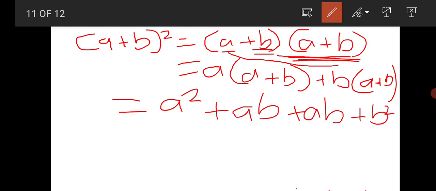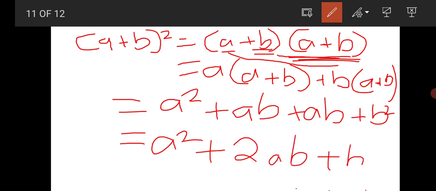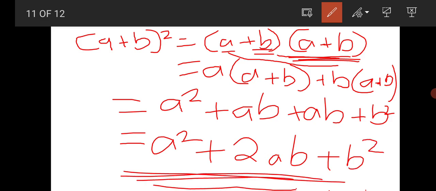Friends, you are getting it? So a square plus 2ab plus b square. Finally, we have got this identity: (a plus b) whole square is equal to a square plus 2ab plus b square. You understood how it came, friends? If you did not understand, in the description box I gave my Gmail ID. You can message me and I will explain separately. Okay, we will move to the next slide.